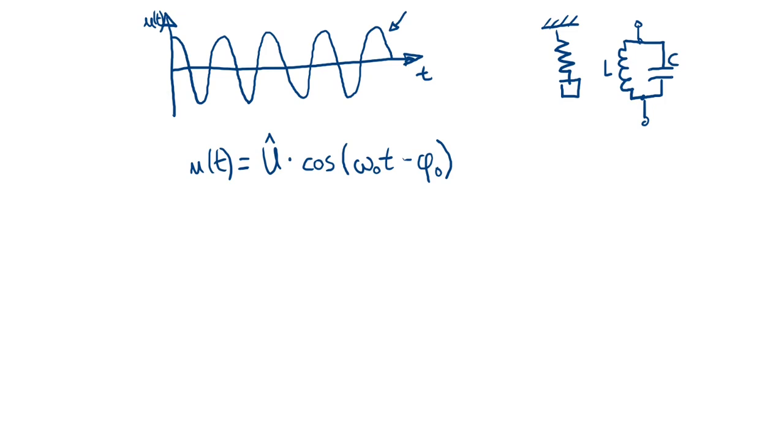So we have 3 parameters inside here. So the first one is this. This is the amplitude of the signal. The signal has a frequency.